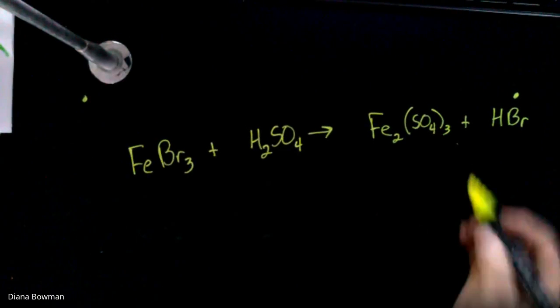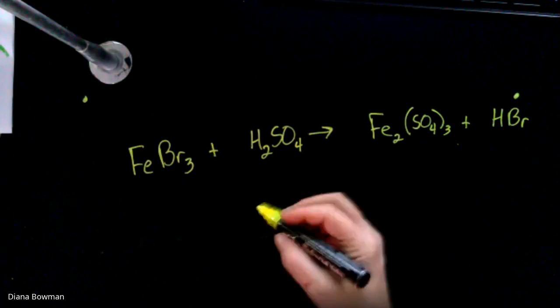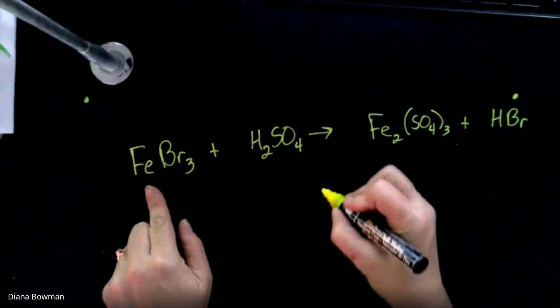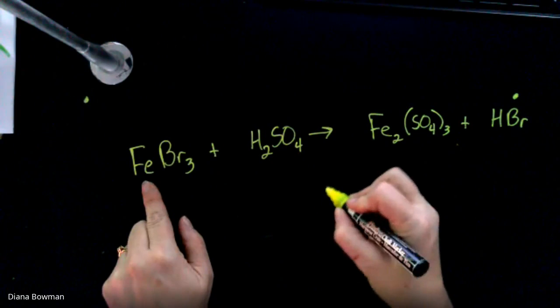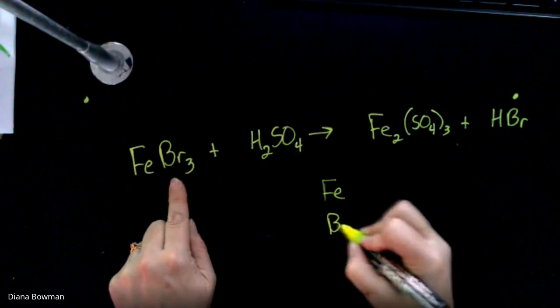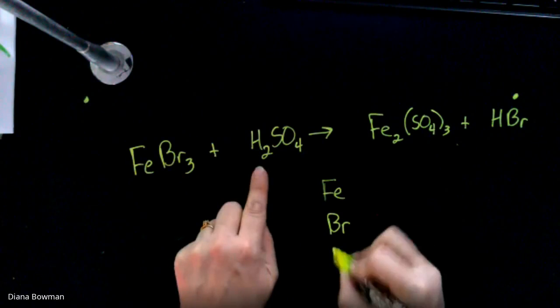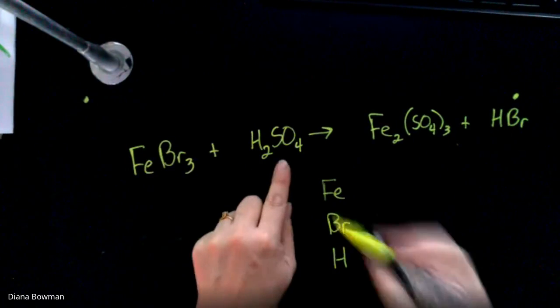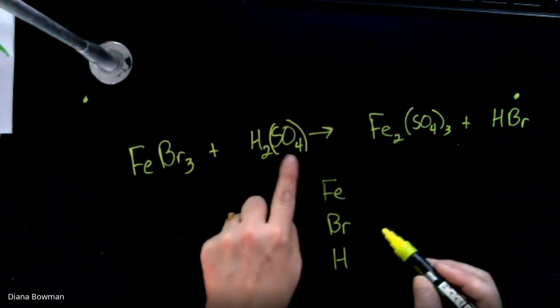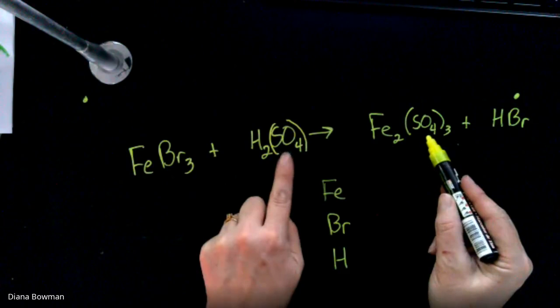Okay, so now we need to take attendance. And I'm going to show you guys a little hack here to kind of make this easier. But let's go ahead and get through this. So we've got iron, which is Fe. We've got bromine, which is Br. We've got hydrogen, H. And then, do you guys see this thing? This is what we call a polyatomic ion, this SO4. And you see we've got SO4 on both sides.